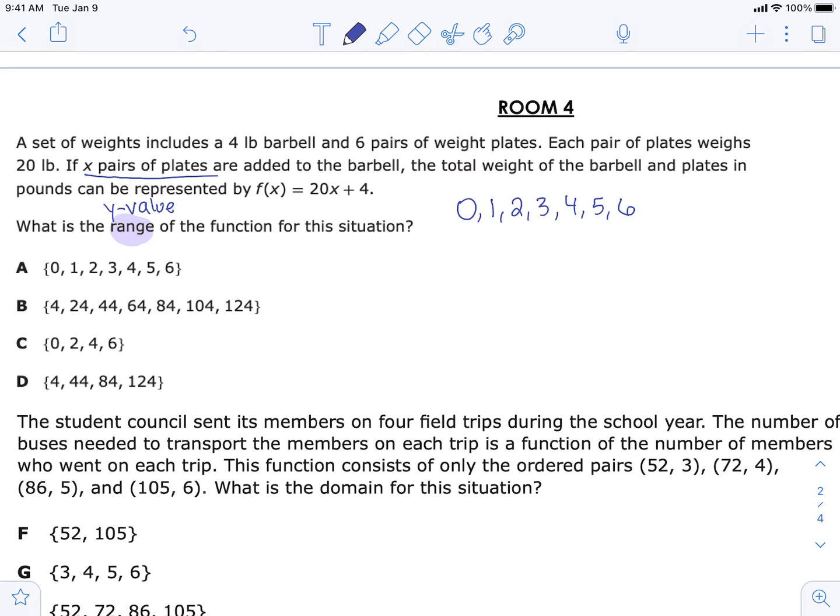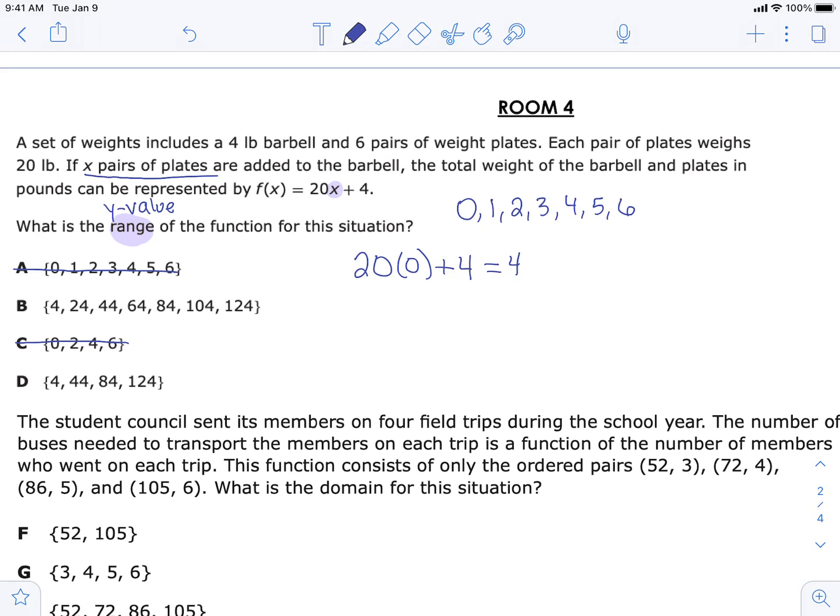That's the domain, okay? Which means if we look at our answer choices, we could eliminate answer choice A and probably answer choice C. Because what we have to figure out is how much is this actually going to weigh? What is the total weight if we add these pairs of plates? So that means we have to take our domain and plug it in for this x value to figure out the total weight. So if I take 20 and I put 0 weights on there, I have 20 times 0, which is 0 plus 4.